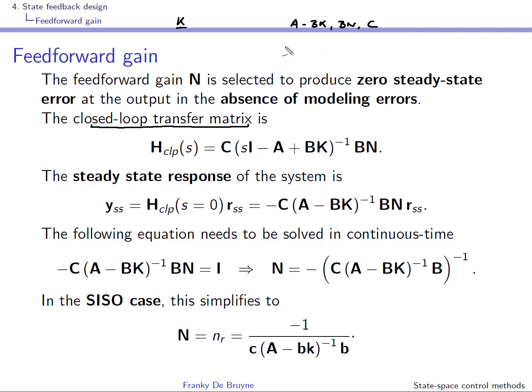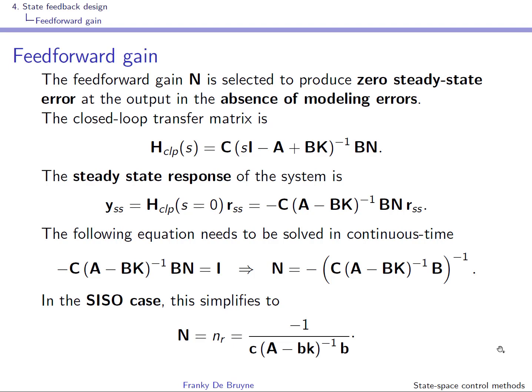And if we construct the transfer matrix, and this is something that we have been doing before, well, we take C and then sI minus this one, and the whole thing inverse BN. And if you reshuffle the signs, this is what you obtain.